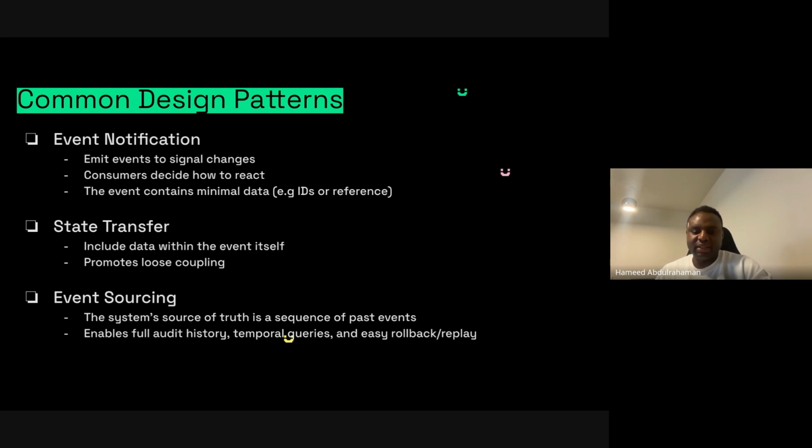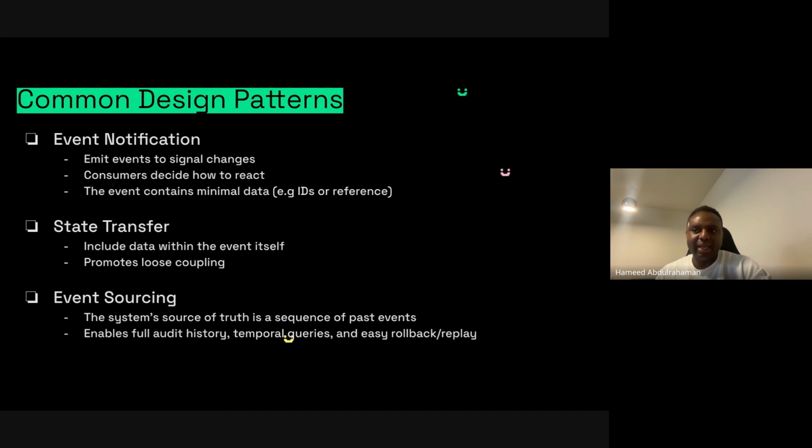Then we have state transfer. This is not too complex, but it has to do with you having the data of the event. For instance, you're sending a transaction event to the ledger. It will probably contain the transaction ID, the amount, the beneficiary, the debtor, and all that. So you have that information within the context of that event.